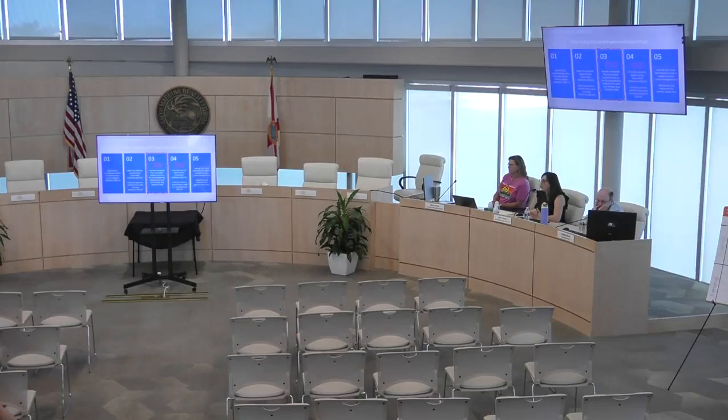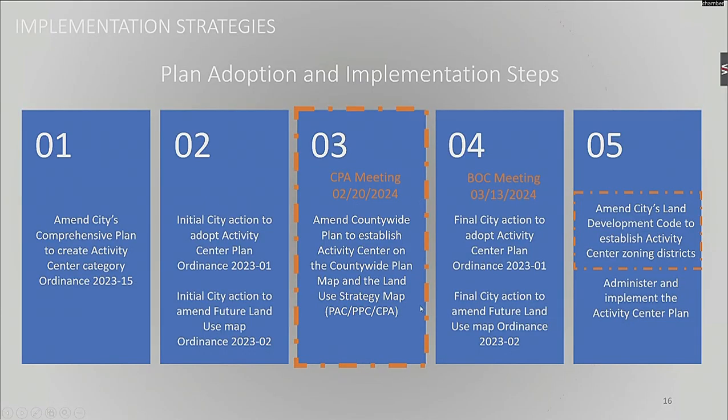And so where we are in this whole process with the activity center and the zoning, currently we are at number 3. We're at amending the countywide plan to establish that activity center on the countywide plan. This will go to the county's meeting on February the 20th, and everyone's welcome to attend.